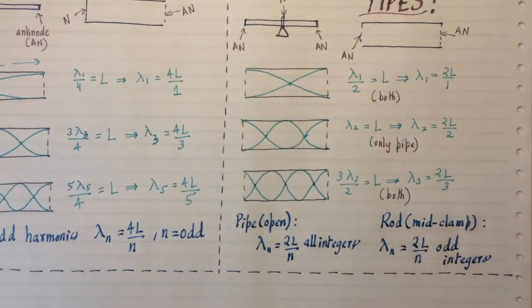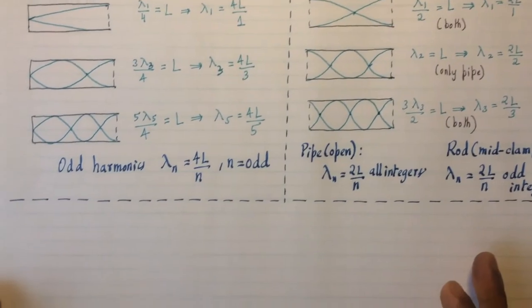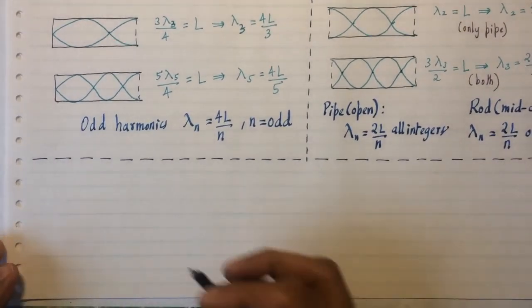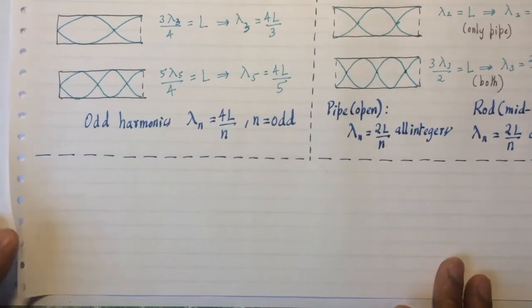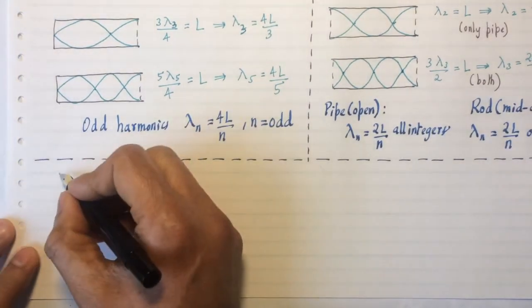So that's the summary. Once you have the wavelength for these modes, you can immediately go ahead and find the frequency using the formula known as the wave relation. So let's look at that a little bit. I'll divide the wave relation discussion into two categories. One is for solids.